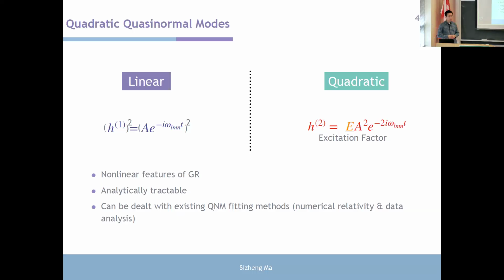There is no available analytic tool. And finally, although the quadratic modes are sourced nonlinearly, they still enter the gravitational wave in the same way as those linear quasi-normal modes. So there is no need to design new analysis tools to study them. We can just rely on existing quasi-normal mode fitting methods.